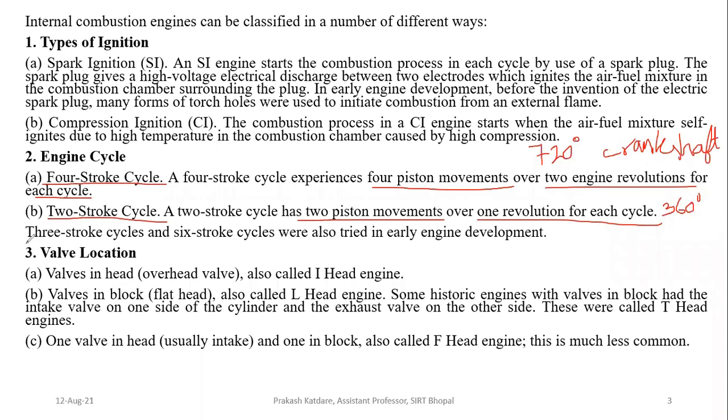Other than this, 3-stroke and 6-stroke engines were also developed in early stages, but since the efficiency of these engines was not very good, their production was stopped at that stage only. The commonly used engines depending upon the engine cycle are just two, which are 4-stroke and 2-stroke. Let's compare both of these engines.